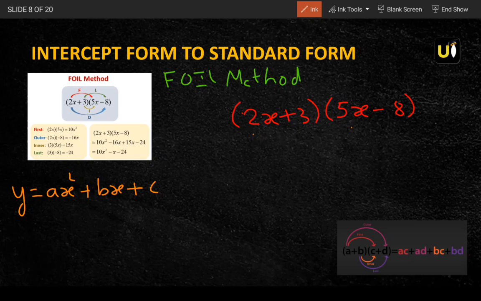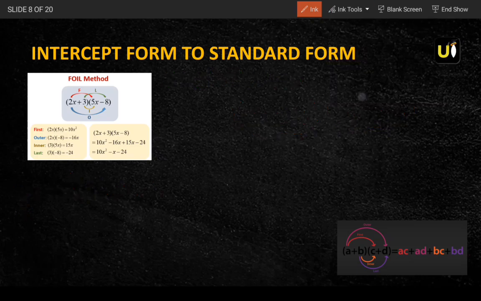So now we will multiply these two, the first, whereas 3 and minus 8 are the last terms.